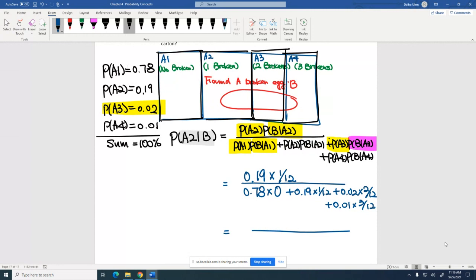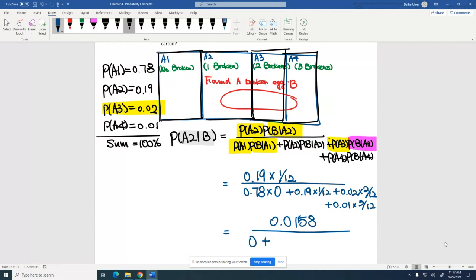So in the Bayes rule, so many times we have to do multiplication, division, summation, rounding, rounding, so it is easy to make a rounding mistake. So that must be 0.0158. And the first one in the denominator must be 0.